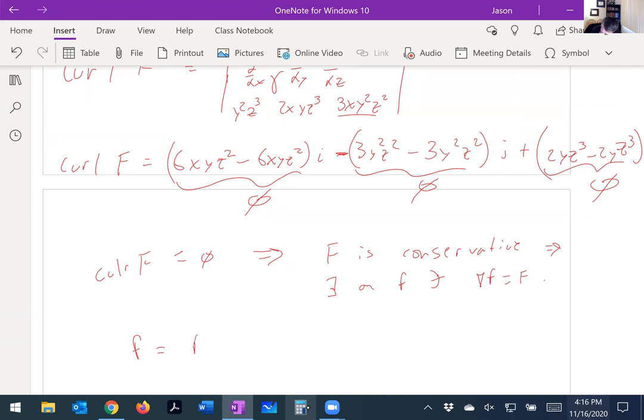Well, f is going to be fx in the i direction plus, because it's del of f, right? And then fy in the j direction plus fz in the k direction, right? Let me make sure that's right.